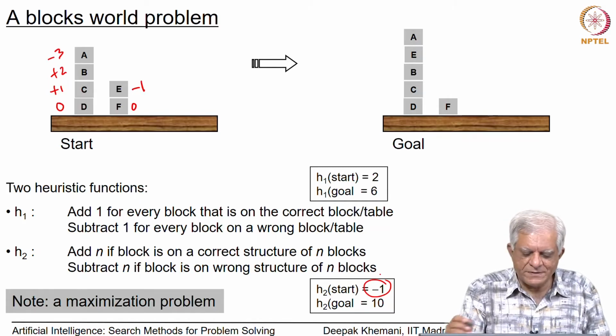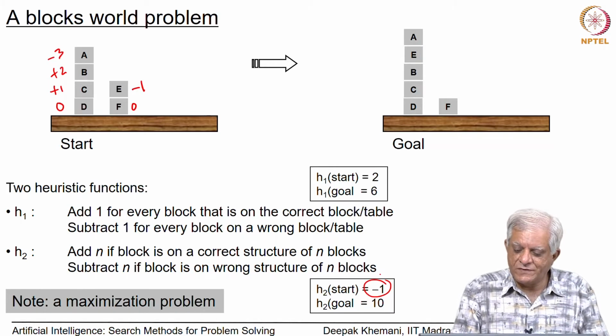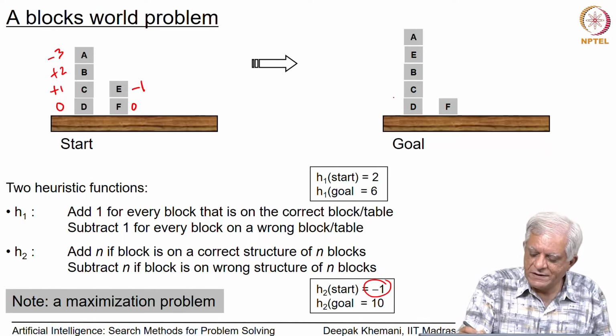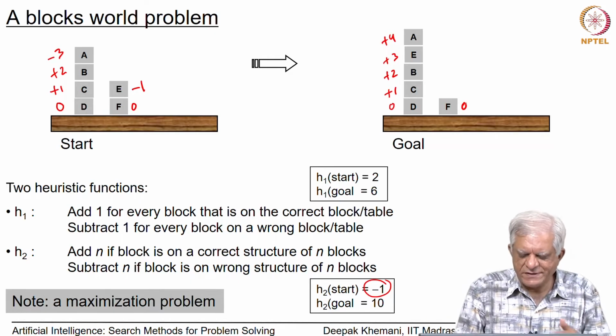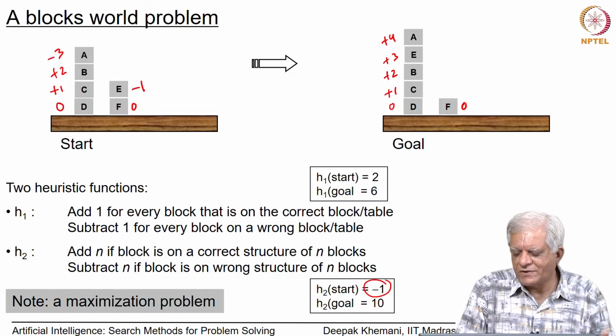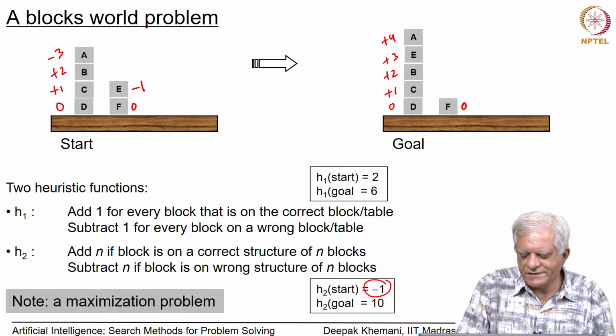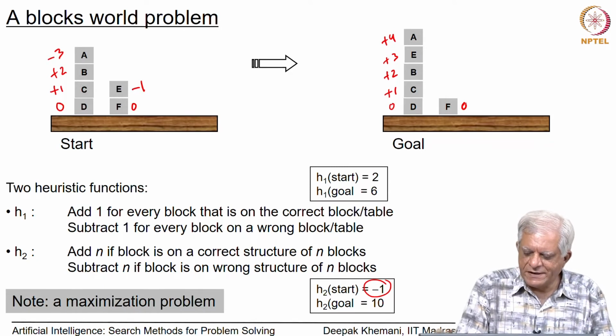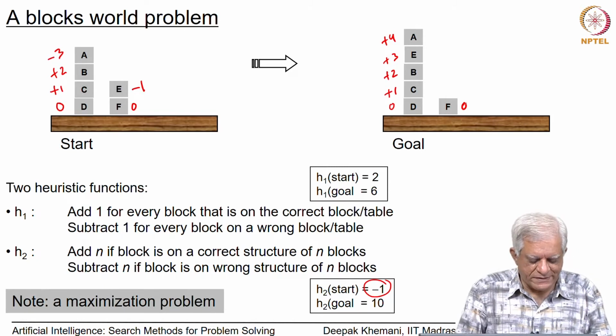And if you compute in a similar fashion the value of the goal node, then you would have 0 here, plus 1, plus 2, plus 3, plus 4 and 0 for this. Then this is the heuristic function that we have used. We could have added 1 for the bottommost block, but that would not have changed things very much, and you can see that the value of this is 10 essentially.